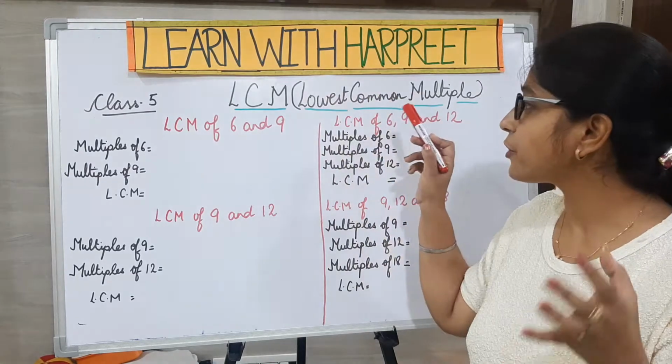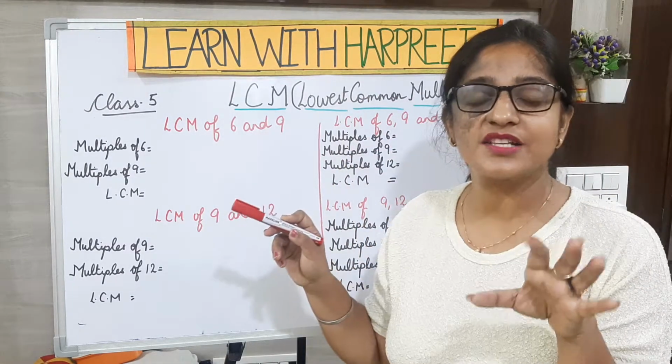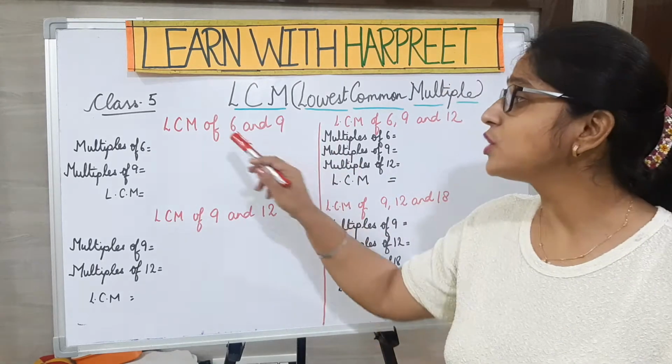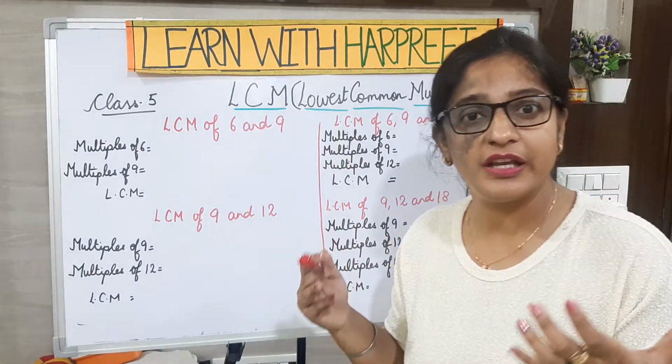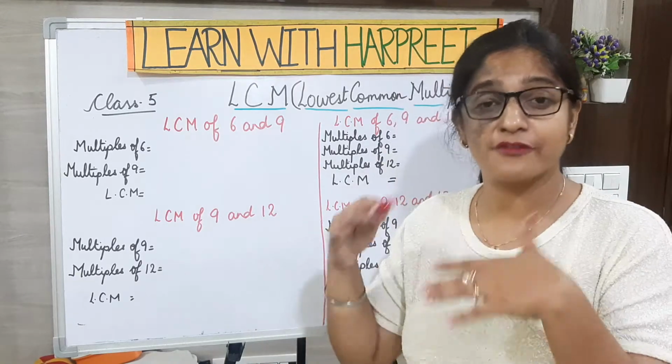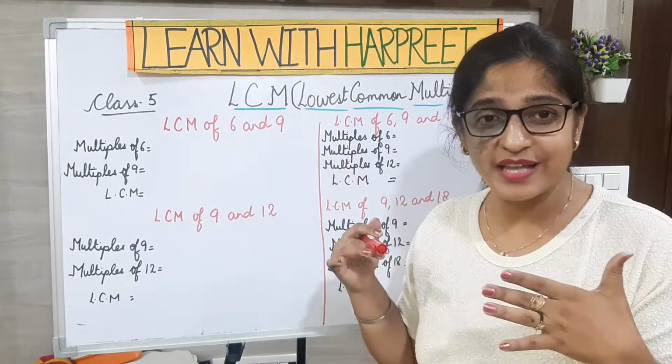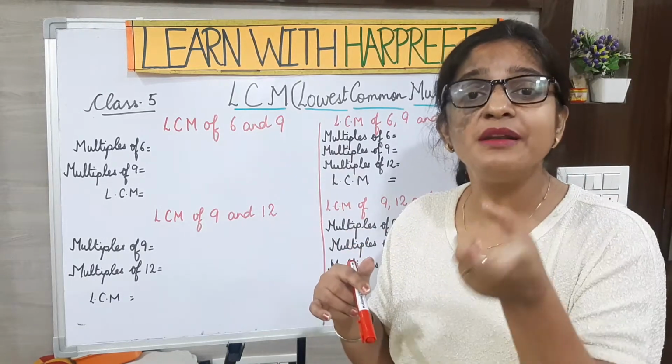This is the process of finding, when the question is asked, find the LCM of these numbers. Two numbers will be given to you, or 3 or 4, any number of numbers can be given. You have to find the LCM, that means lowest common multiple.